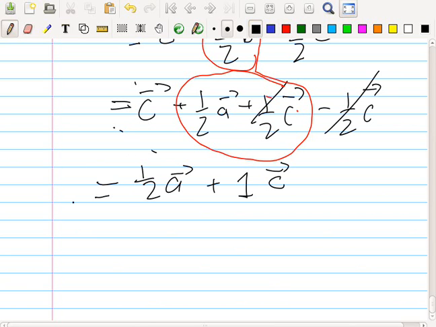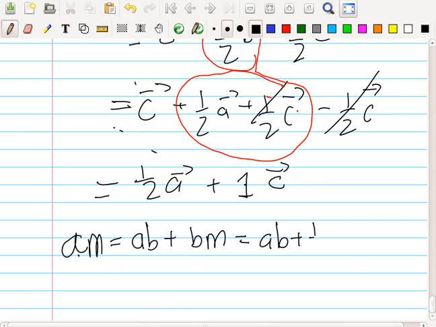Yes. Okay, so let's start. AM, what could you say that equals on the graph? AB plus BM. But what could you say BM equals? A half BC.